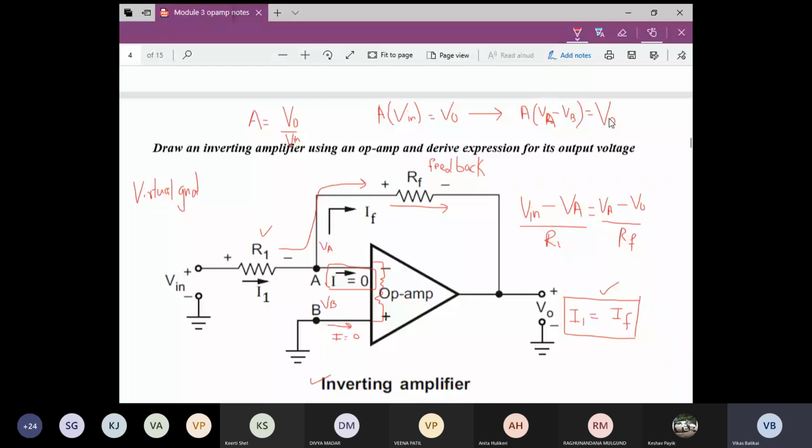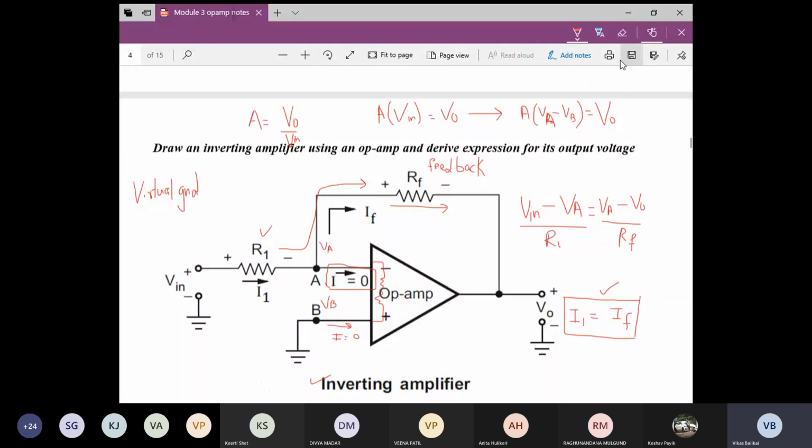Because from this circuit, B is connected to 0. For example, I know ideally the gain of my op-amp is very high, or ideally speaking it is infinite.